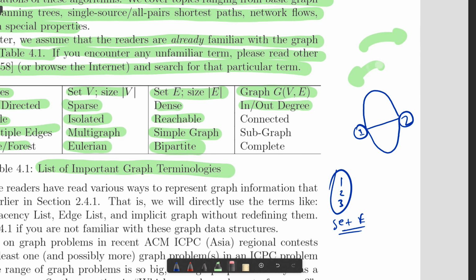Okay. Big deal. Now connected, I told you if we can go from one node to another. Subgraph, a part of graph. Complete graph, every vertex connected to any other directly. Okay.